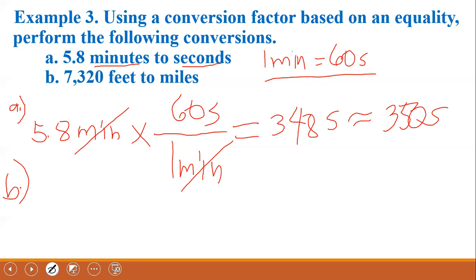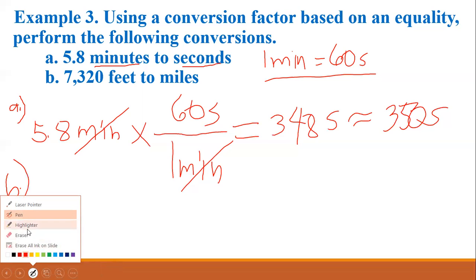How about letter B? For our letter B, 7,320 feet to miles. What is the given unit? The given unit is feet and the desired unit is miles. These units can be related by the measured equality. What's the measured equality for feet to miles?